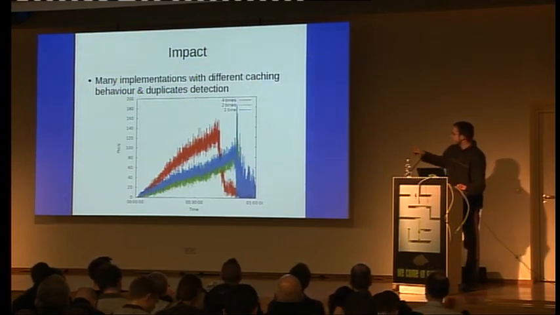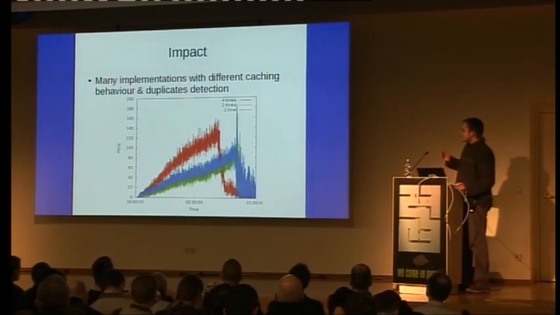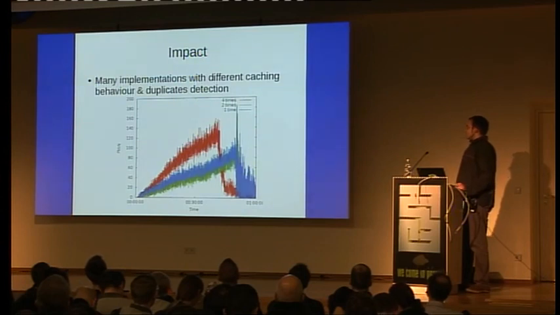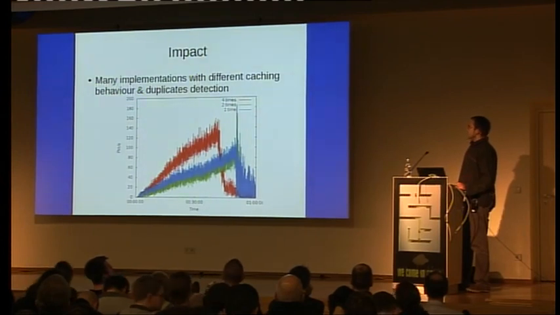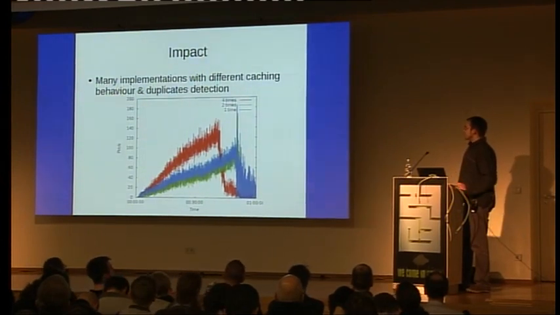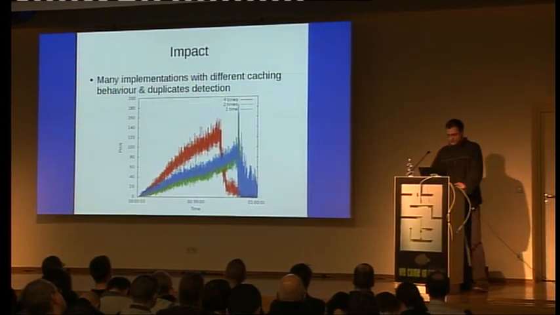And note the tail. There are many implementations, some cache peer addresses longer, some have duplicate detection by port or by IP.